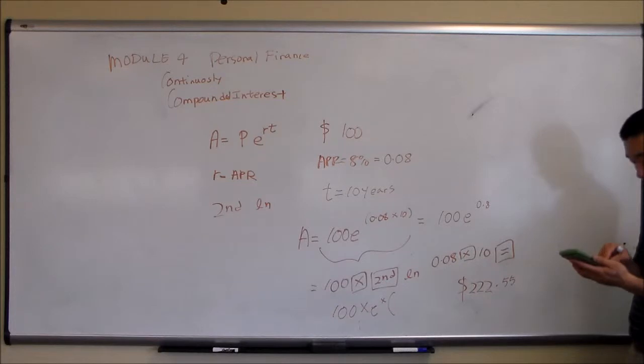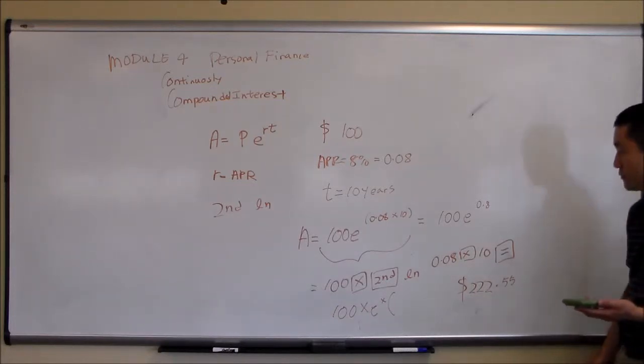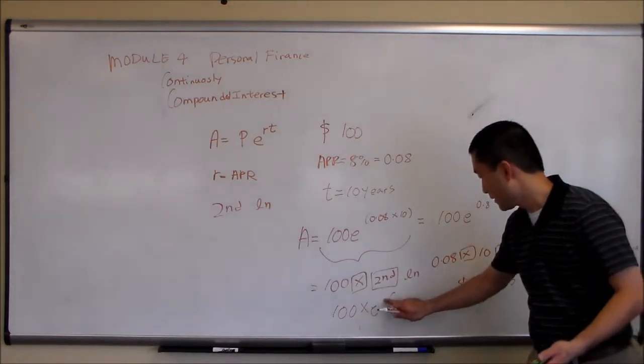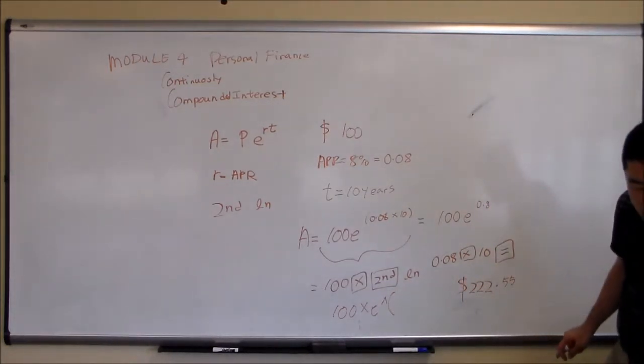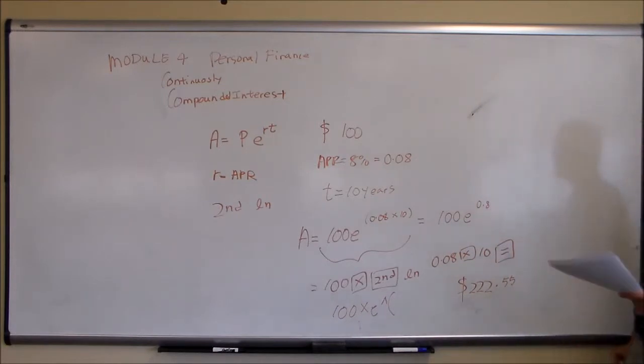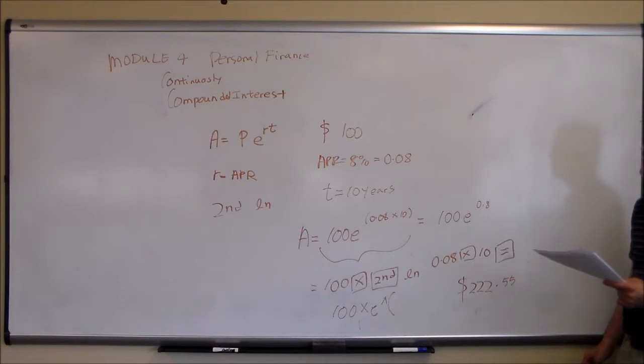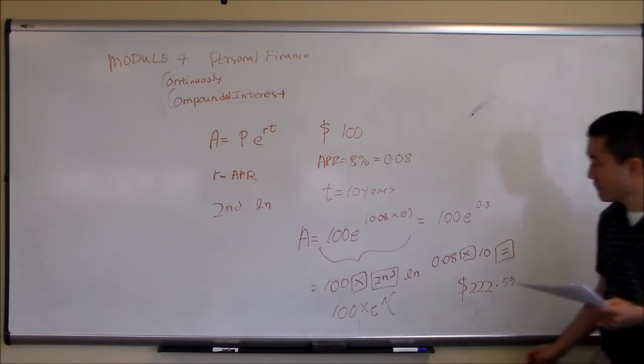Yeah. Bingo. This should look like this. So that's how you do all types. These are the types of problems you'll see: compounding, simple interest, the continuously compounded, interest compounded n times a year. Okay.